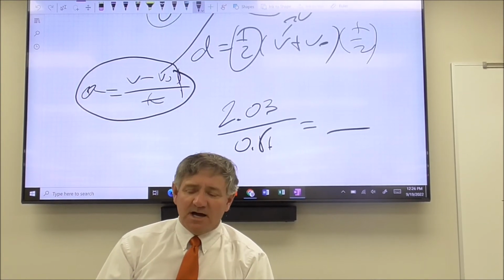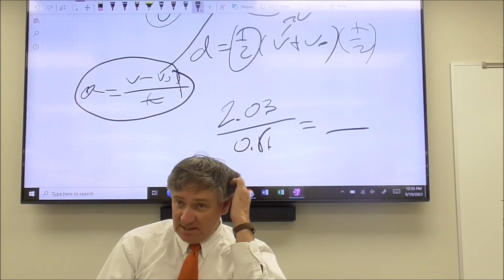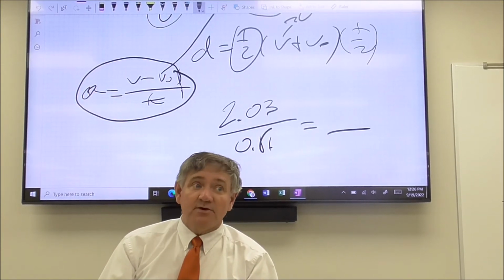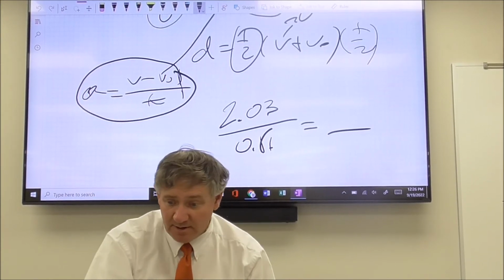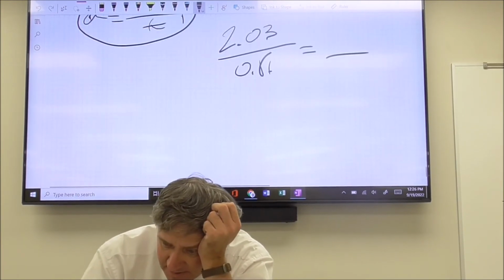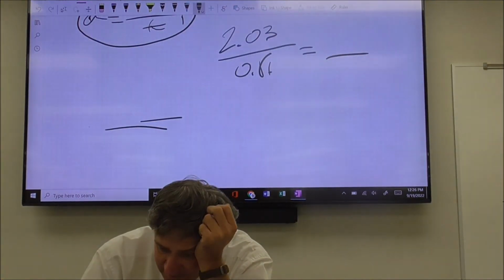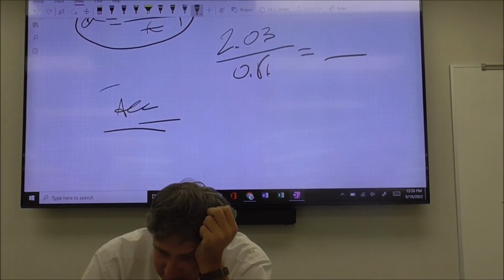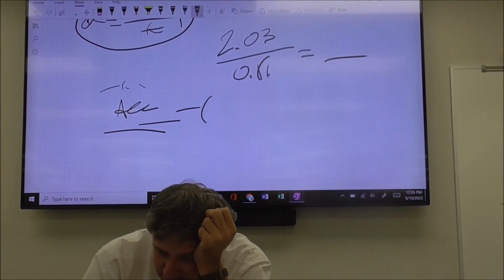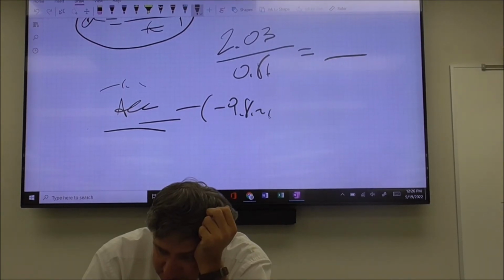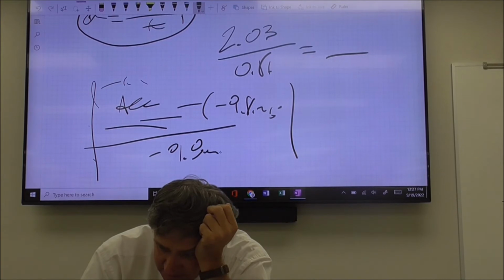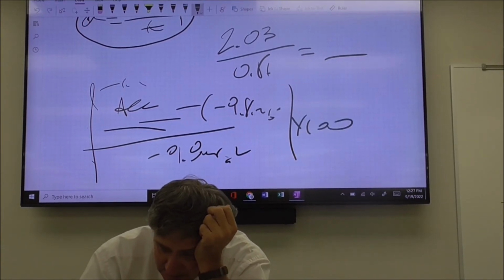And the only time in the mini lab that you're going to use that negative 9.8 meters per second squared is when you're calculating that experimental error. So on that experimental error, you're going to take whatever your calculated acceleration is, like negative whatever that is, minus a negative 9.8 meters per second squared, divided by negative 9.8 meters per second squared, times 100.